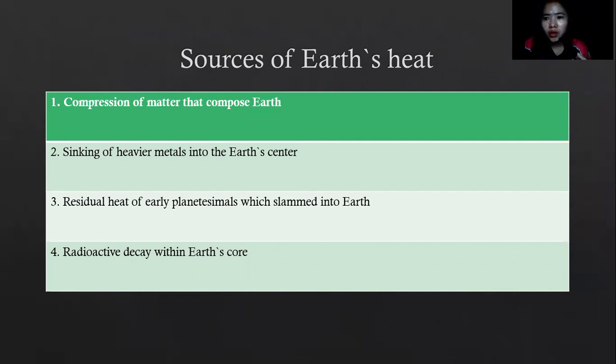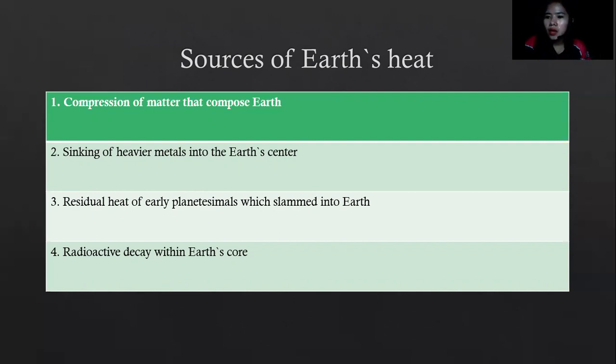Those are the reasons why the Earth has heat. Second is the sinking of heavier metals such as iron and nickel, which aid what we call the heat of the Earth. And the third is the slump of the early planetesimals which lumped into the Earth, or residual heat.